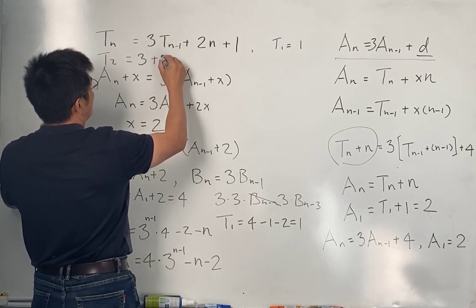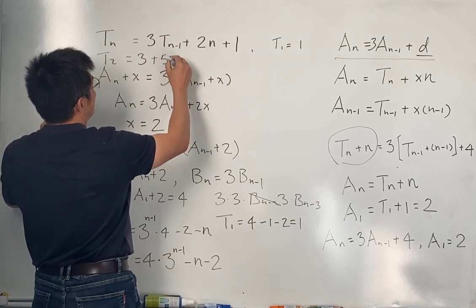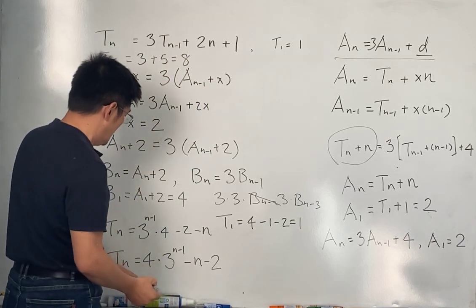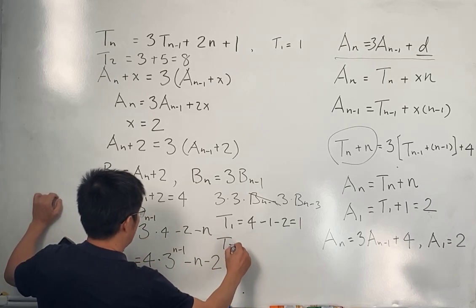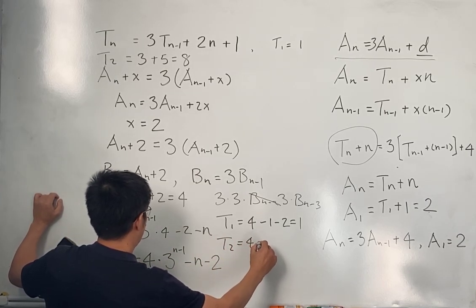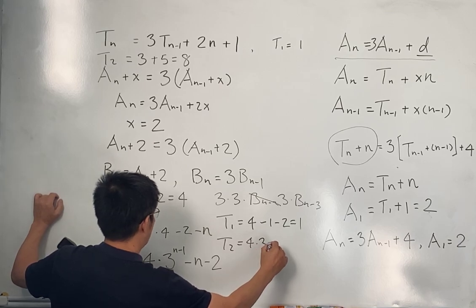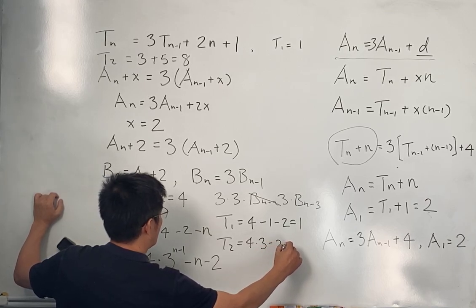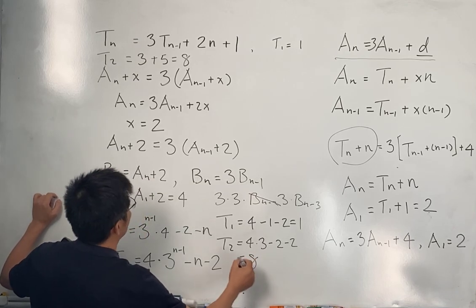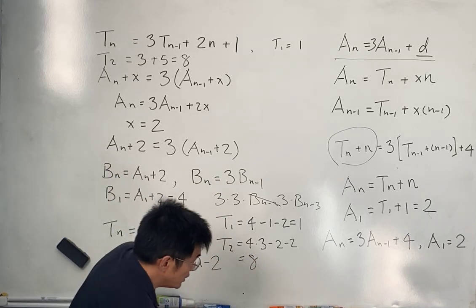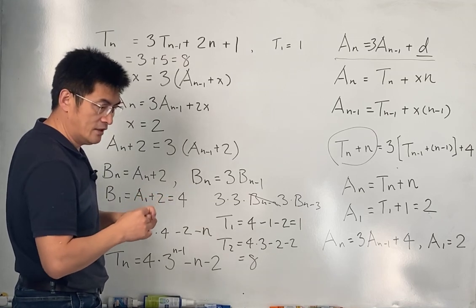That's 5, right? Equals 8. And using this from here, t sub 2 is 4 times 3 minus 2 minus 2, that's 12 minus 4, 8. Yeah, it works. It should work, right?